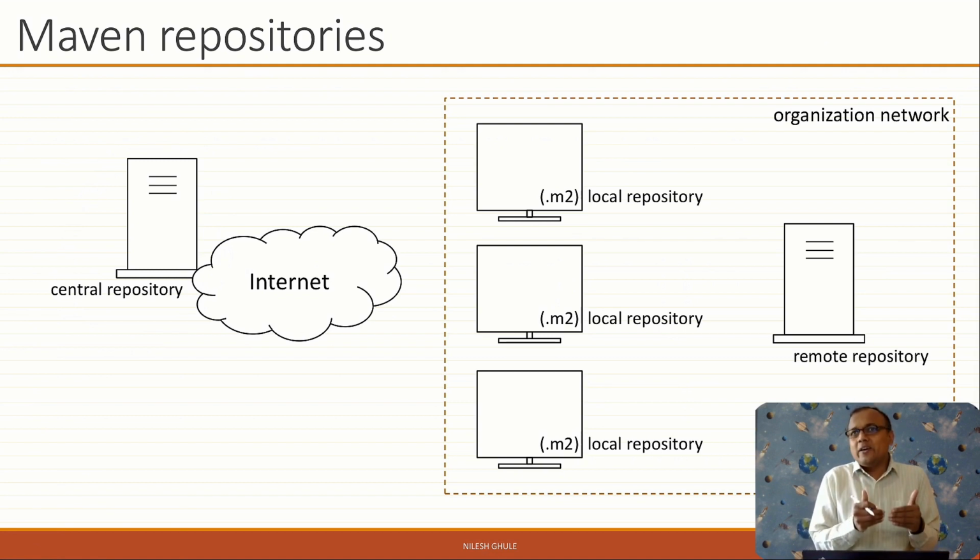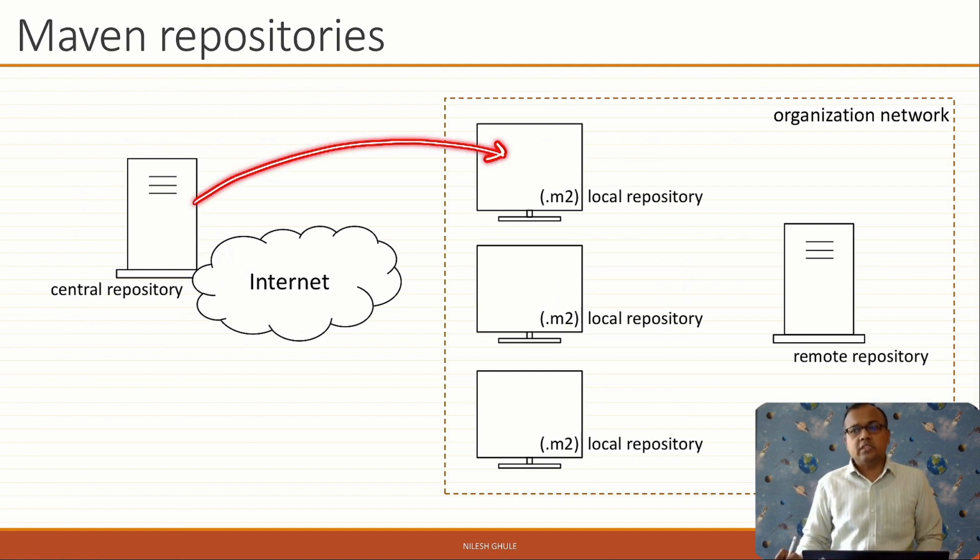But you cannot add them into your project class path directly from the internet, can you? So Maven takes care of downloading them from the central repository to your machine, your local repository. Now, where exactly is your local repository? The local repository of Maven is the .m2 directory in your home directory.